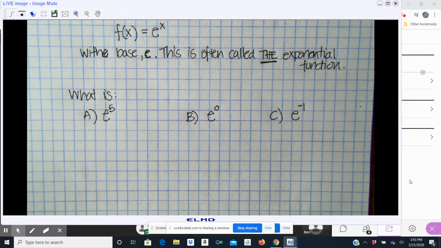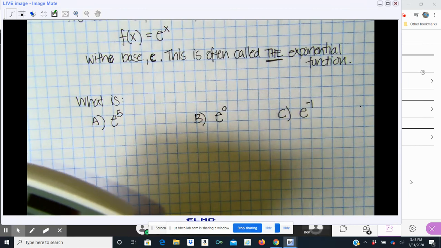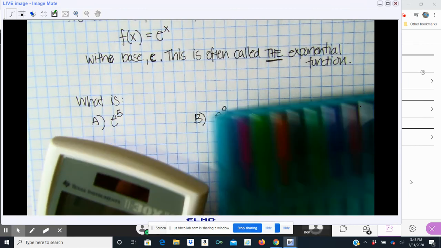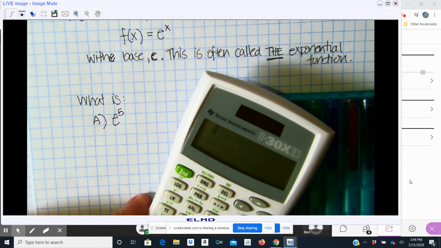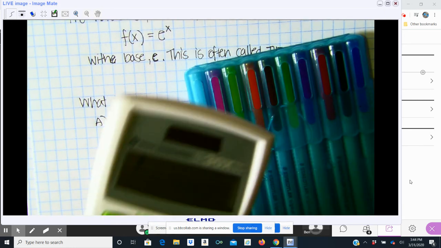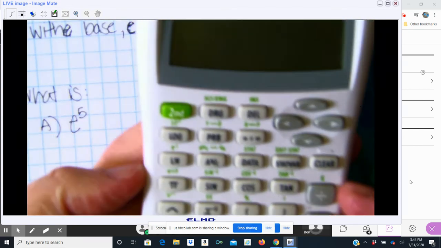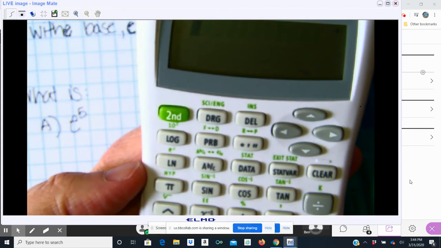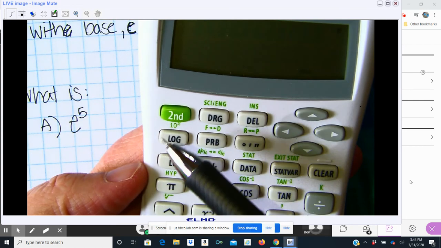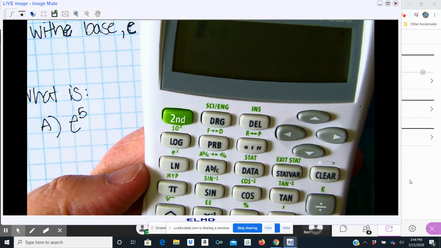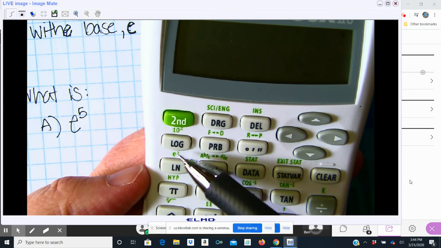Now, I don't want you to think this is particularly difficult. It's really not. You just need to know your calculator. Every calculator has an e to the x button on it. Let me zoom in on this guy. On my calculator, you can see it's in the first row there, and it says e to the x.